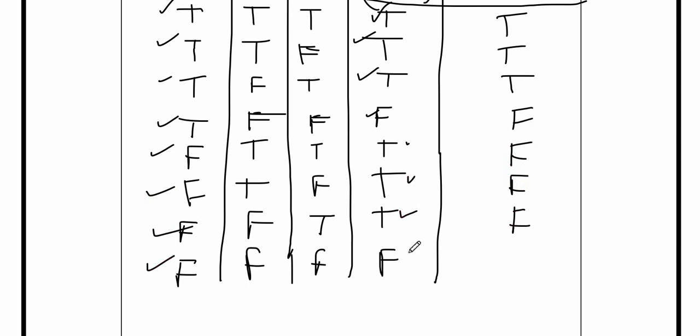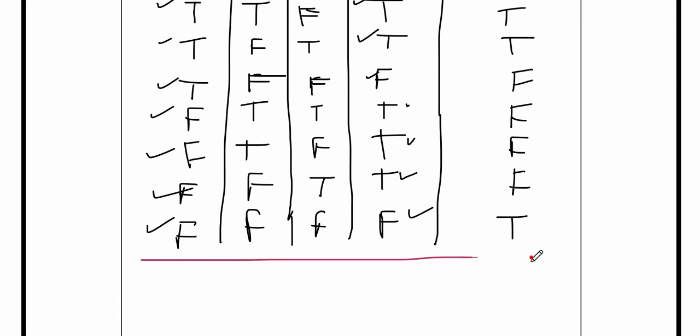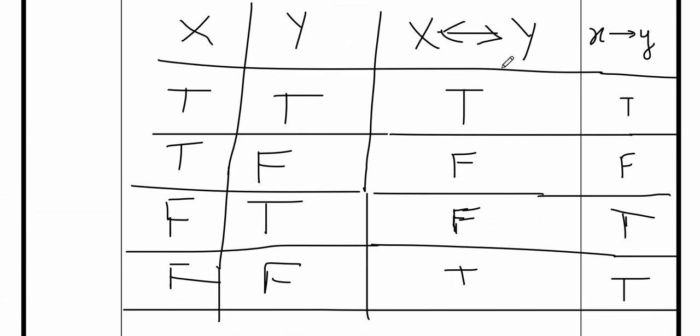Now this is false, but this is also false. Then the entire argument will be true. I hope you have understood the last part also, because I have explained it here in the truth table for x biconditional y. It is true only when both are true or both are false.